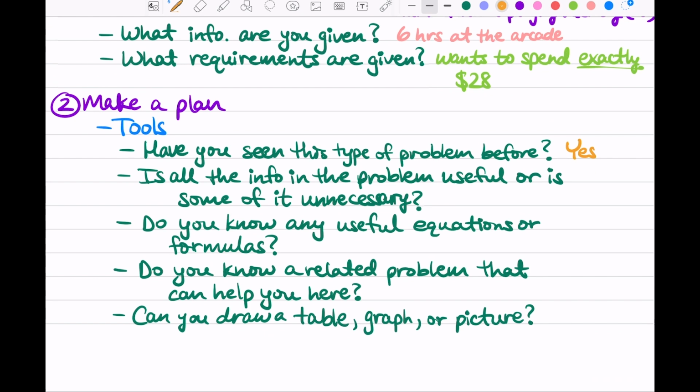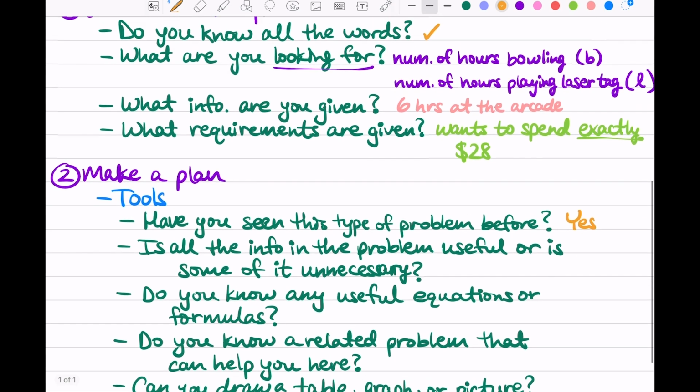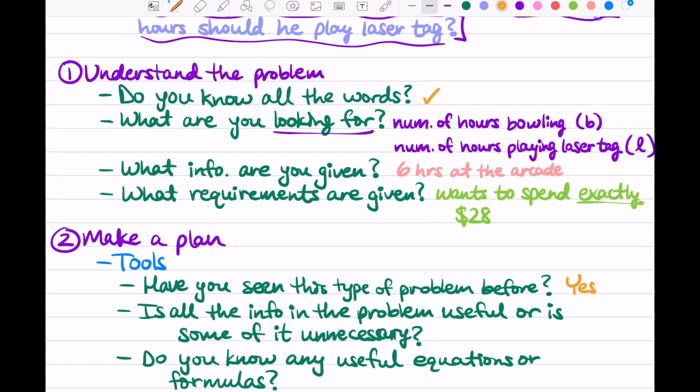Do you know any useful equations or formulas? If you notice, when we did step 1, we actually discovered an equation. The number of hours Simon bowls is B, and the number of hours he plays laser tag is L. And those hours have to add up to 6, because he's only there for 6 hours.